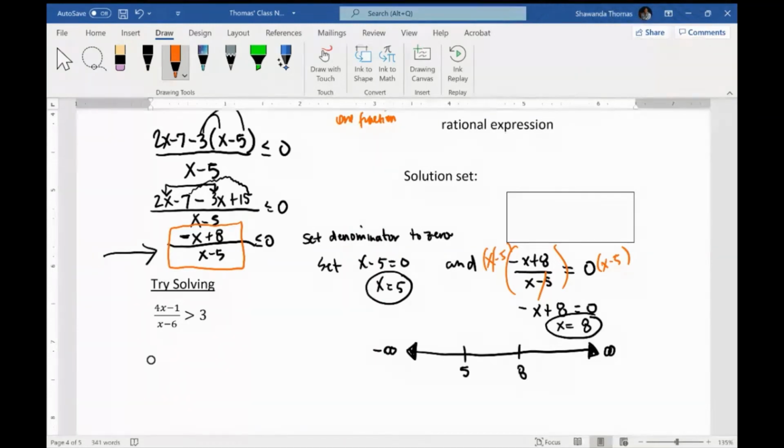If you plugged in 0, you get a positive over a negative, which is what? Negative.